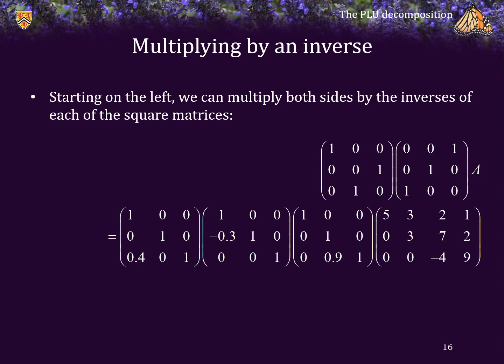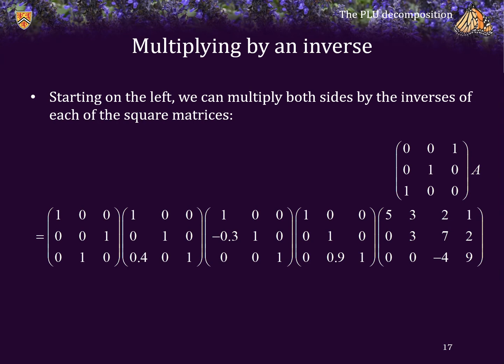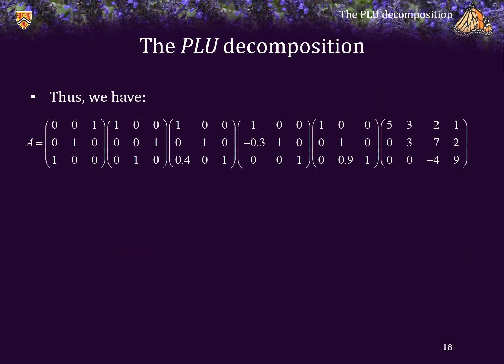We can then multiply both sides by the matrix that swaps rows 2 and 3, which is the inverse of the matrix that swaps rows 2 and 3. And finally, we can multiply both sides by that matrix that swaps rows 1 and 2, which is again the inverse of the matrix that we see there. Consequently, we have that A is now equal to this product of matrices.